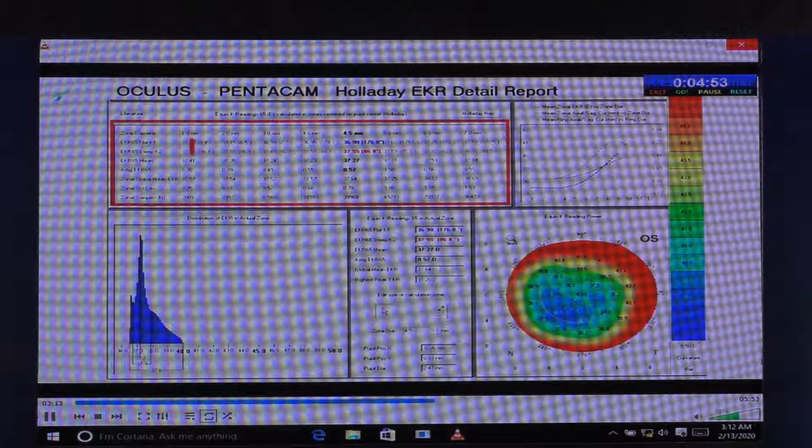It gives equivalent K reading values in different zones starting from 1 mm to 7 mm. EKR 6.5 mean can be used in this online calculator. After getting the results, the minimum or the average value should be used for best results in myopic LASIK.